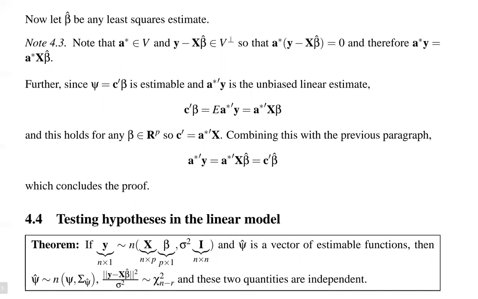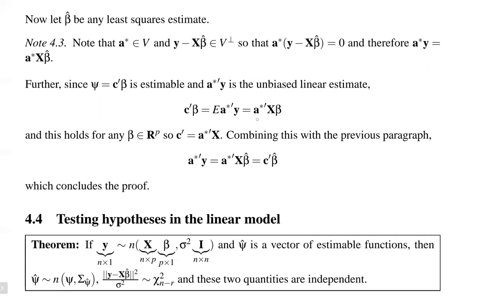So we have A star prime y, which is equal to A star prime X times beta hat. So in other words, there is a c here yelling at us. This particular c tilde times beta hat gives us the estimator. Now, since this is estimable, we know that c prime beta hat is equal to the expected value of A star prime y, which is equal to this quantity on the right-hand side.